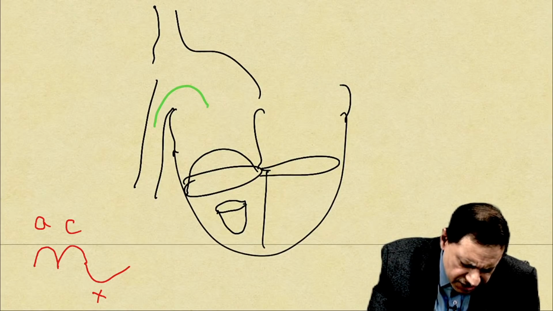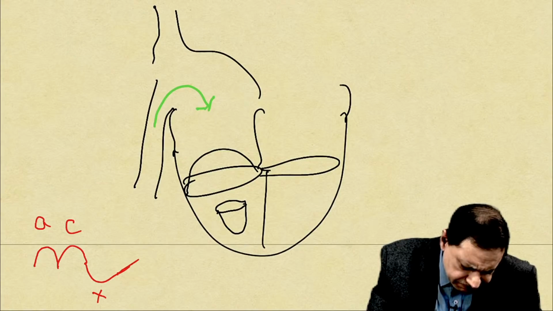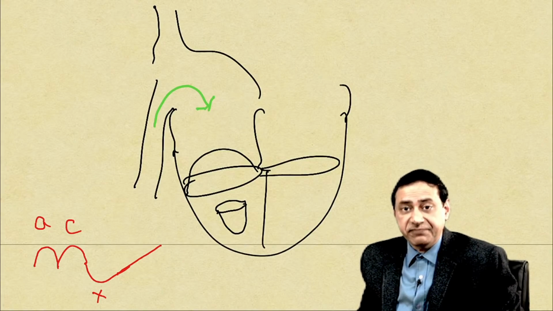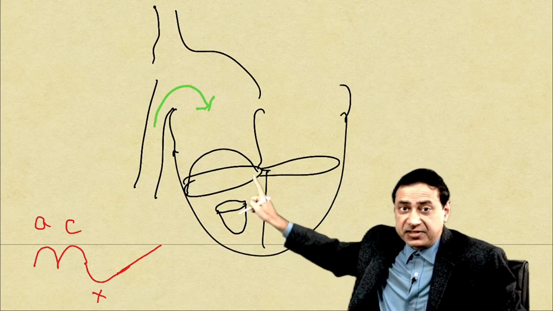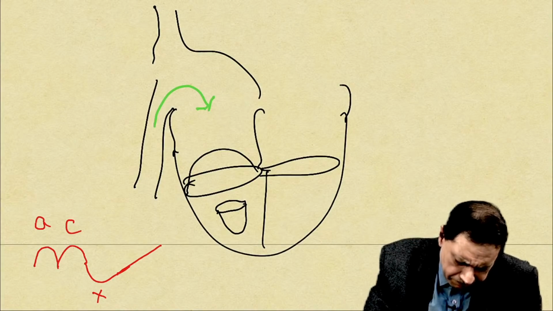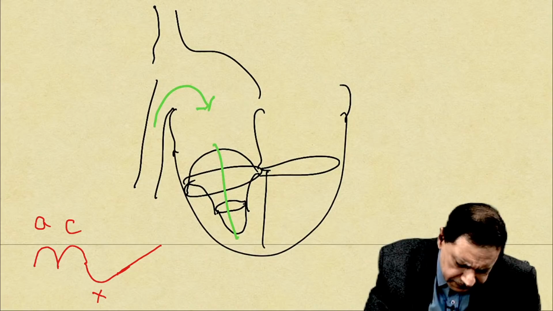The venous return continues. Because of this venous return, V wave. And after that, this valve will open. So blood will move from here to here.